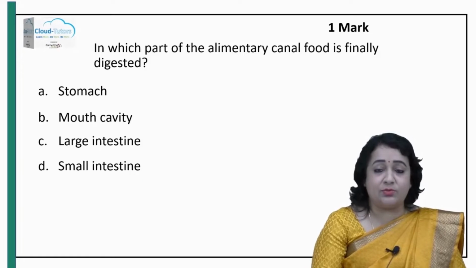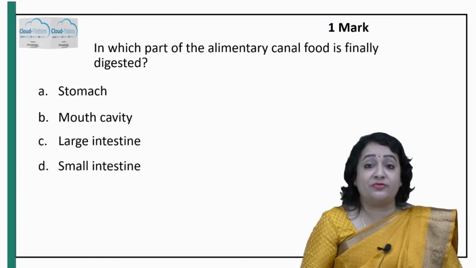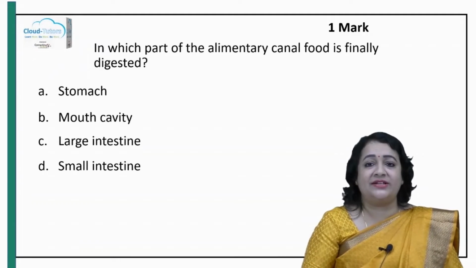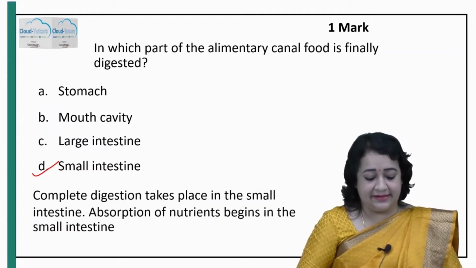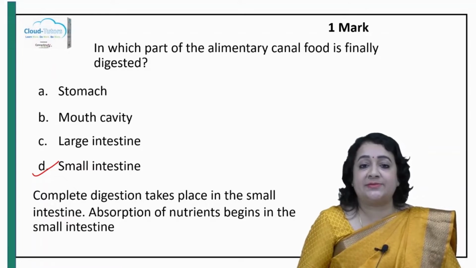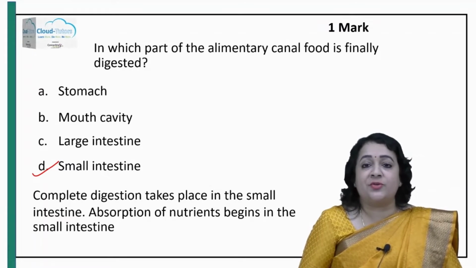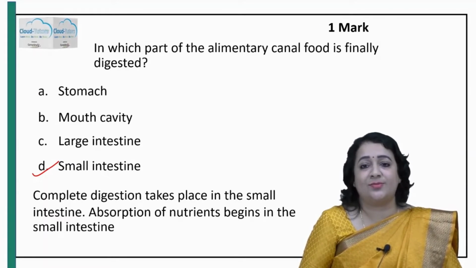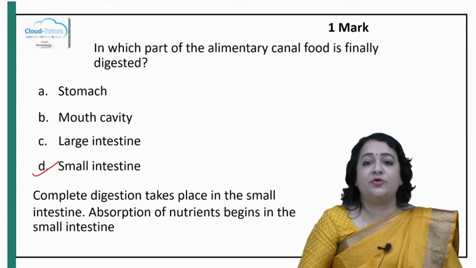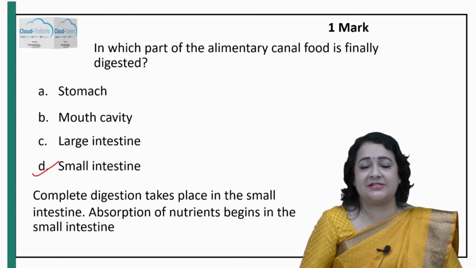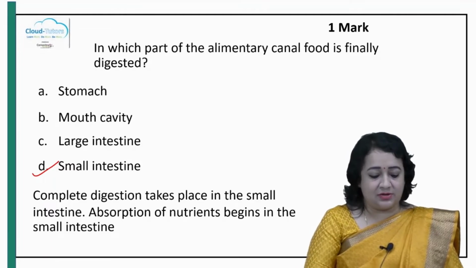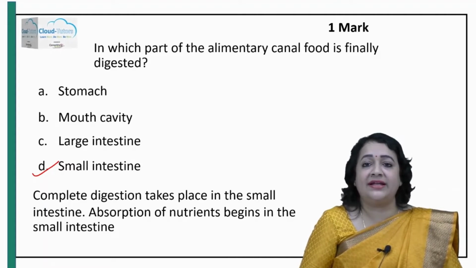After stomach is the small intestine. So complete digestion takes place in small intestine. Absorption of nutrients begins in the small intestine. And you should know that in the large intestine, only reabsorption of water happens. So the complete process of digestion takes place in small intestine.